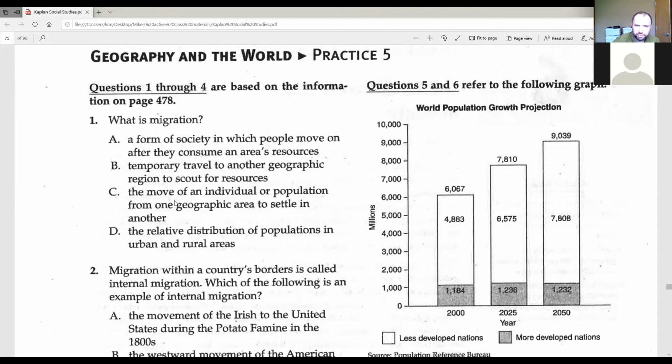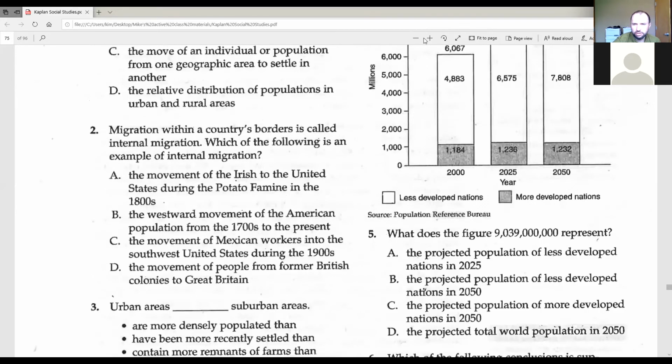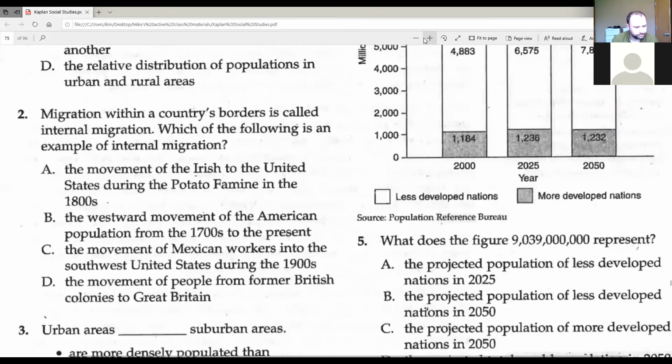So that's pretty straightforward. This next question is maybe a little bit more complicated, so let's take a closer look. Number 2 says, migration within a country's borders is called internal migration. Which of the following is an example of internal migration? Migration in general is just coming from a different geographic area to live in another.